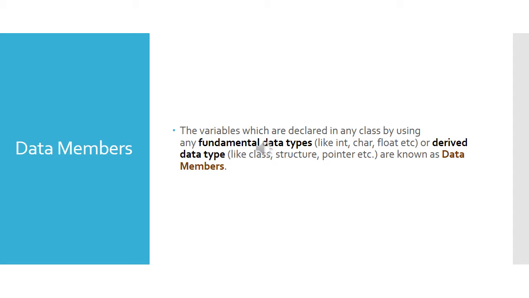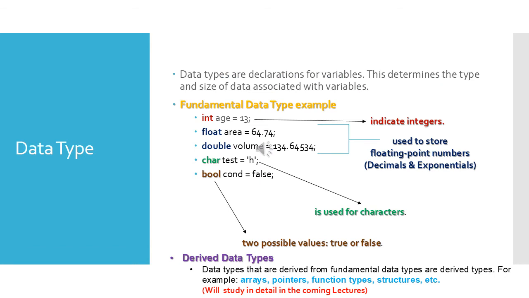So they are used to represent data inside as data members. Here you can see examples of fundamental data types, and derived data types will be taken in detail in the coming lectures.